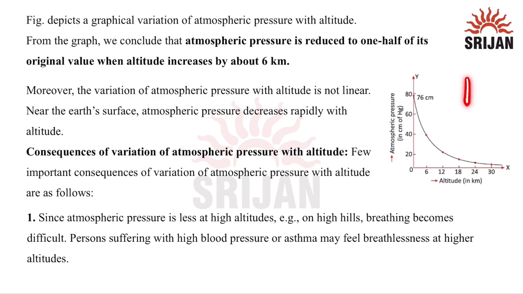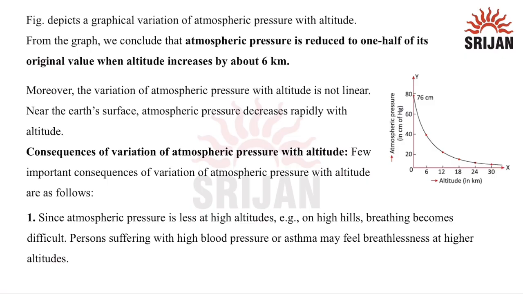So 6 kilometers above the Earth's surface, the atmospheric pressure is reduced to half. If at Earth's surface the atmospheric pressure is 1 atm, then above 6 kilometers it would be 0.5 atm. Moreover, the variation of atmospheric pressure with altitude is not linear. Near the Earth's surface, atmospheric pressure decreases rapidly with increase in altitude.